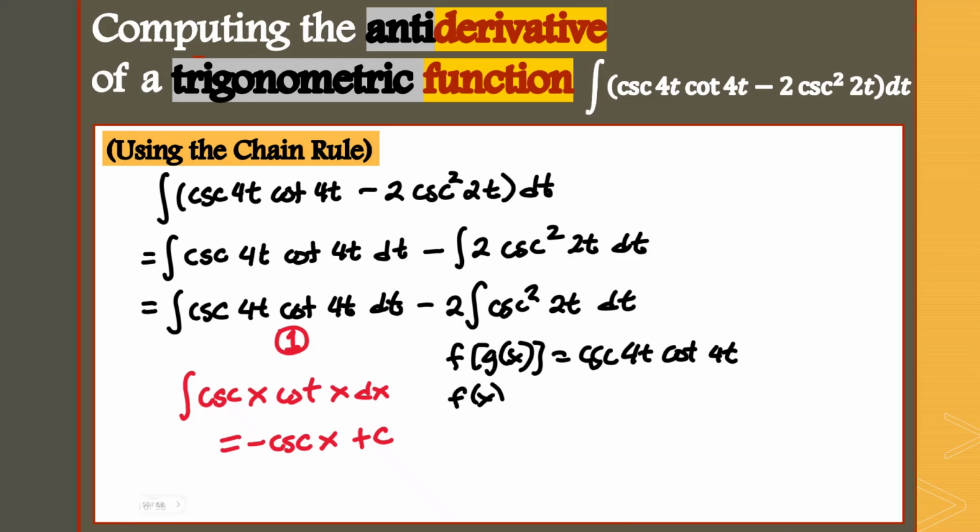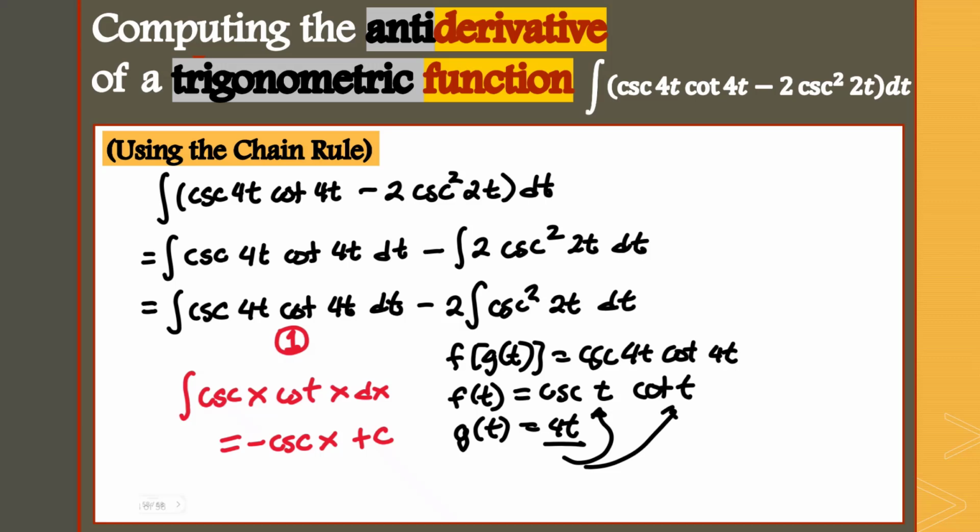Then your f of t, because our variable here is t, would mean cosecant t times cotangent t, and your g of t is actually 4t.